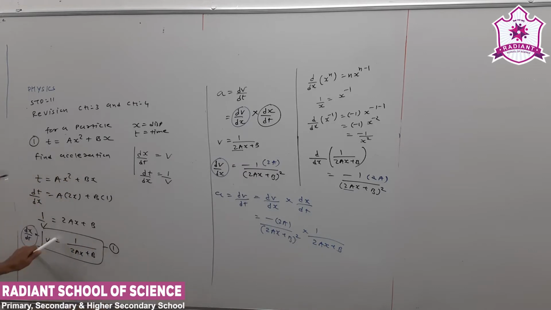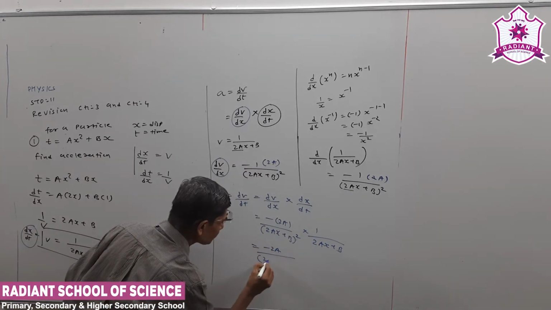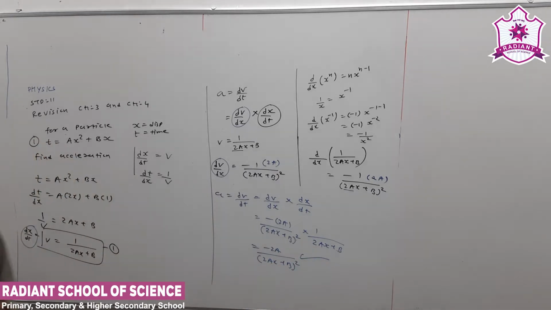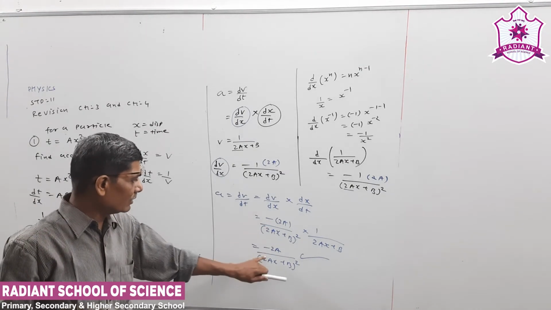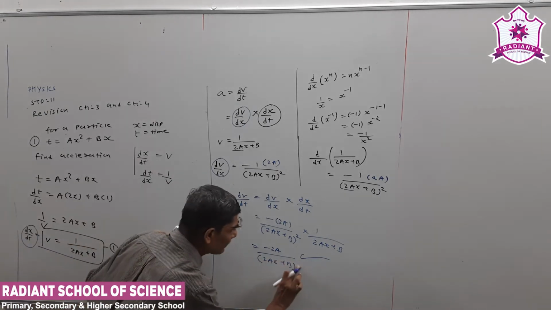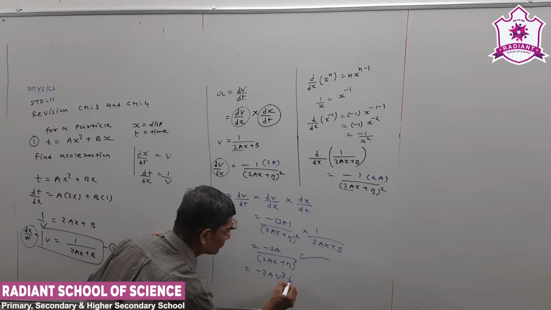That is known to us. So this has become the value of the acceleration. Also, the power is 2 plus 1 is 3, so we can write it as minus 2a upon 2ax plus b whole cube.